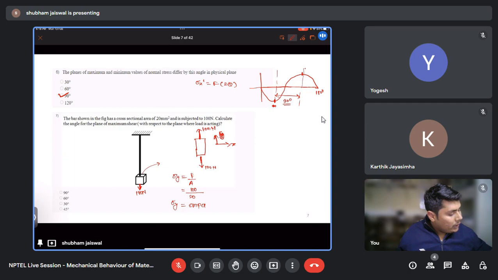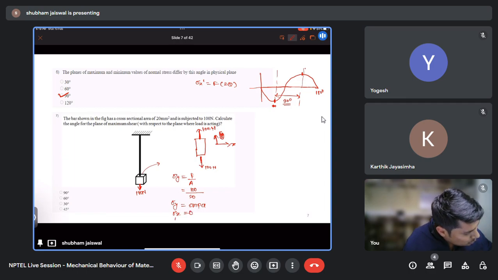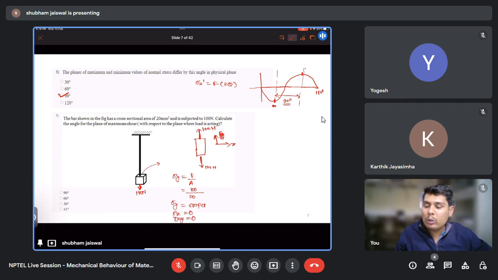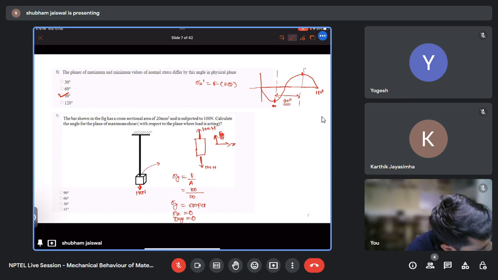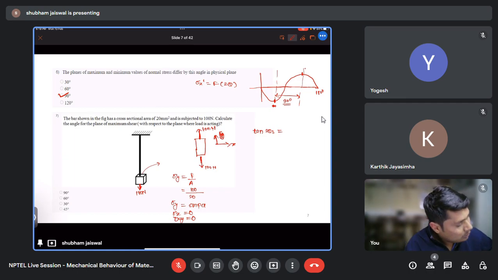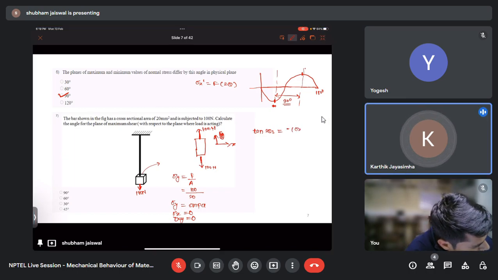Here, as no force is acting in the x direction, sigma x will be 0, and also no shear stresses are acting, so tau xy will also be 0. Now we know the angle for maximum shear is given by tan 2 theta s equal to minus of sigma x minus sigma y by 2 tau xy.